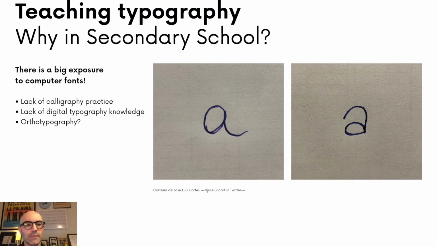Only then, right? There is also a lack of digital typography knowledge, right? They jump into text processors straight as users, as I told you before, but without being aware of it. And also, there is a lack of orthotypography knowledge, right?